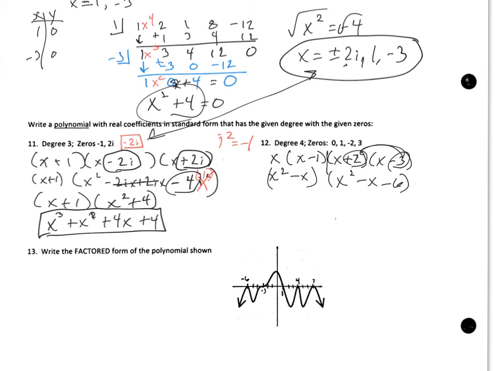Now, unfortunately, of course, we're going to just have to go through this one by one. So x to the fourth, and then I'm just going to take x squared times everything. So x to the fourth minus x to the third minus 6x squared. Then I'm going to use the negative x and do the same thing, all three.